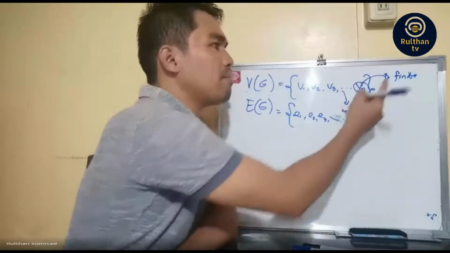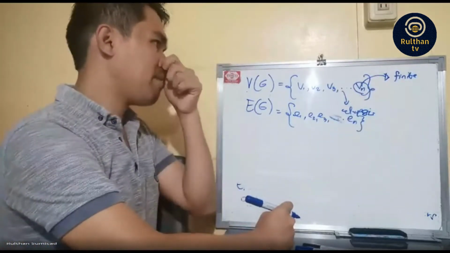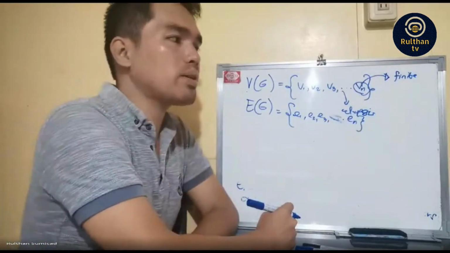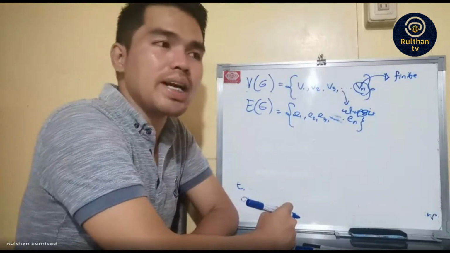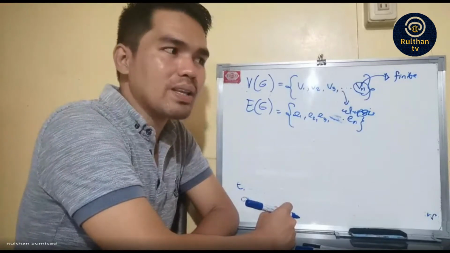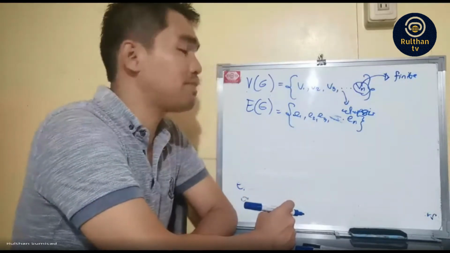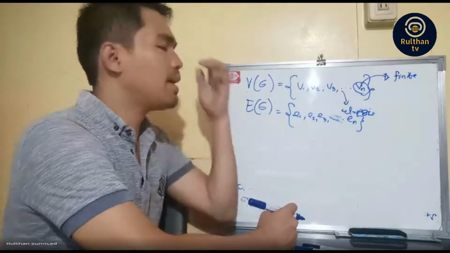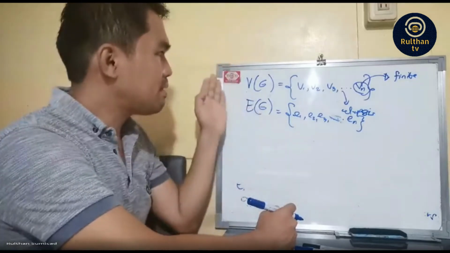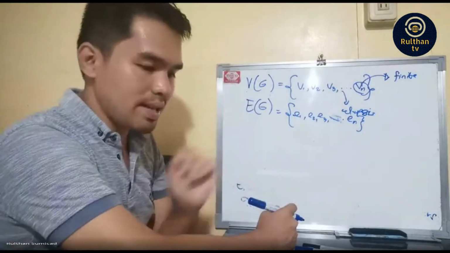Again, E sub n because this is finite. Because when I talk about a graph, there is an end to it. It is at least a finite collection of the edges, the edge family, and the vertices. So we have here the vertex set and the edge set.